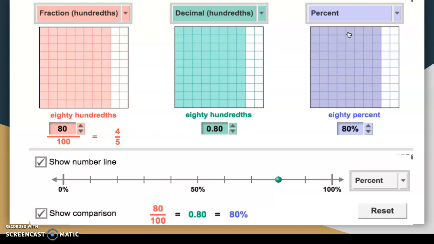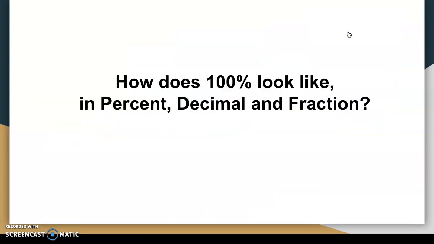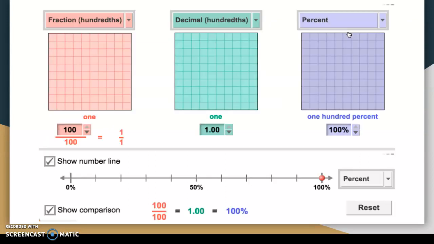As you see, they all show the same value, but in a different form. 100% looks like 100 out of 100, or 1 whole.